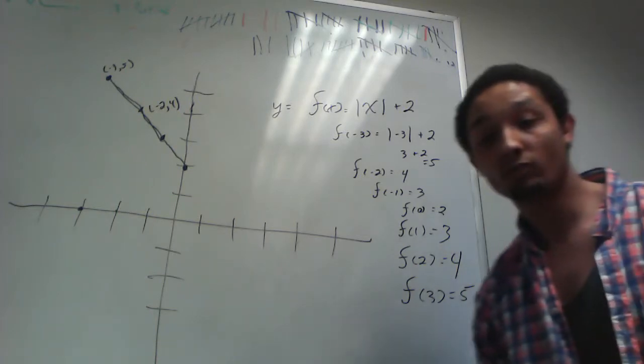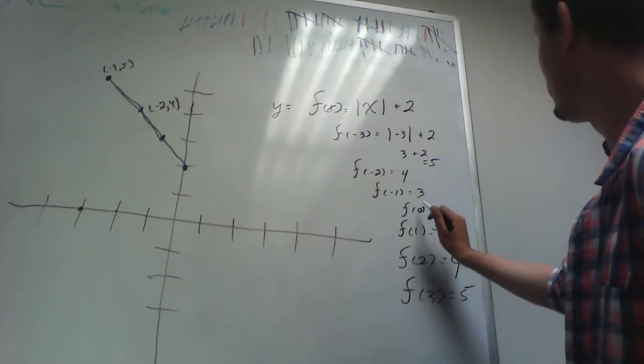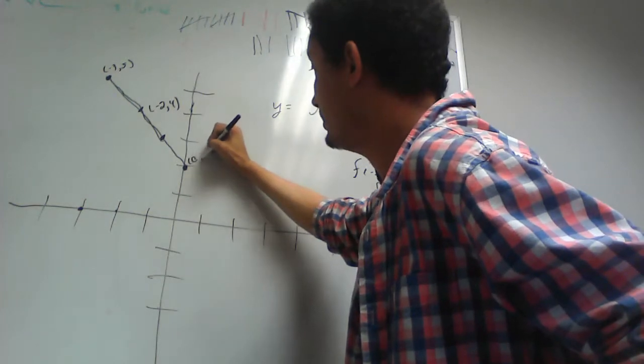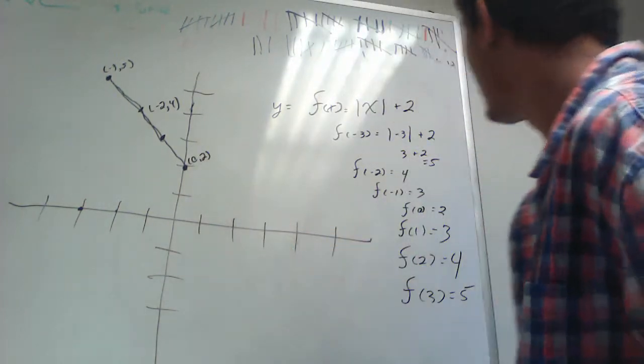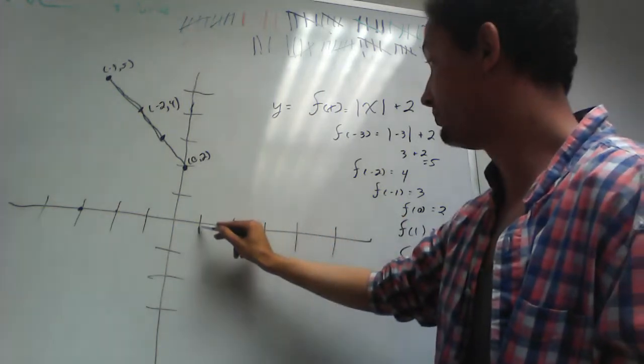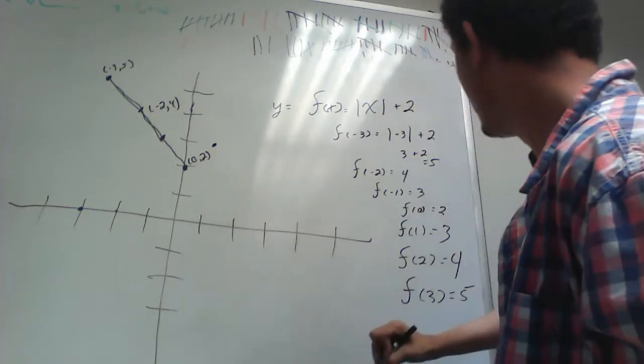Right? So we got 0 and 2 right there. Right? 0 and 2. 1 and 3. So 1 and 3. And so you know what this is going to look like.